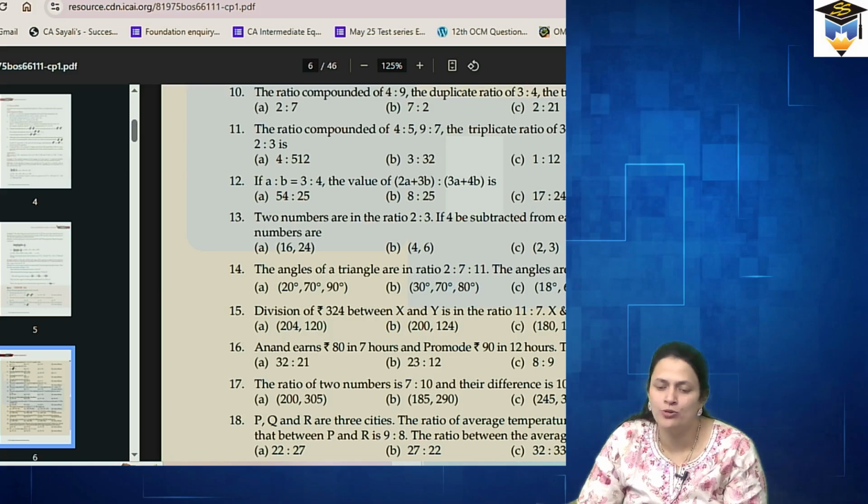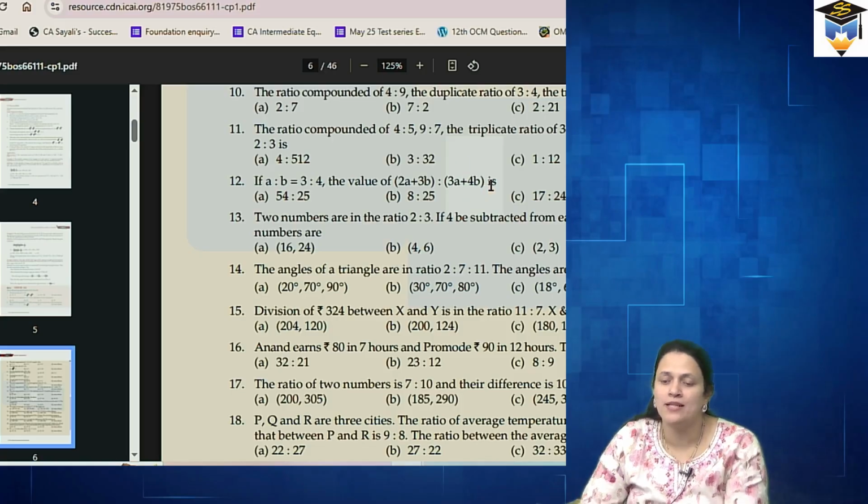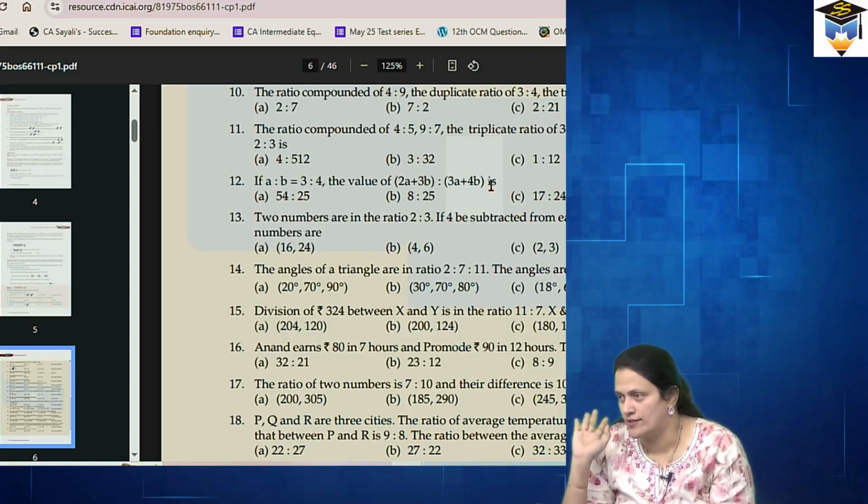Now in the 12th they have given: if a is to b is 3/4, what is the value of 2a plus 3b is to 3a plus 4b? So now a upon b is given to us. The value of a is 3, the value of b is 4.